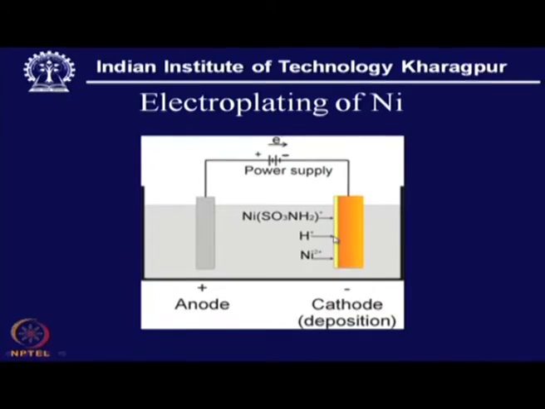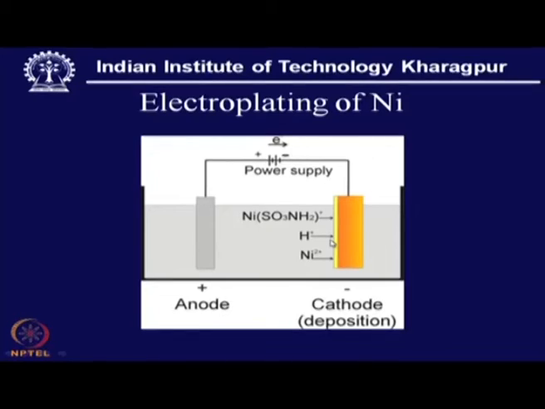So, we must have a good wetting agent, so that this hydrogen can be removed, and this wetting agent will create a surface for immediate adsorption of nickel ion and not the hydrogen ion.